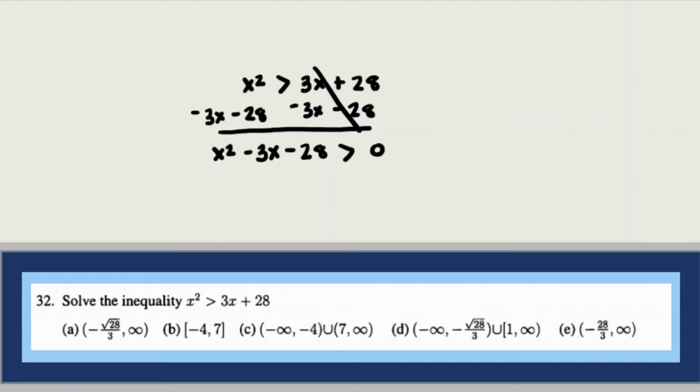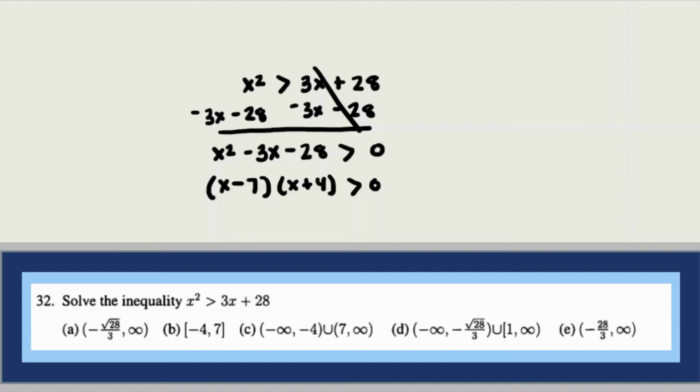Remember, when we factor, the idea is to find two numbers that multiply to give us our last term, which in this case is -28, and add to give us our middle term, which in this case is -3. So we factor into x minus 7 times x plus 4 greater than 0. -7 times 4 is -28, and -7 plus 4 is -3.